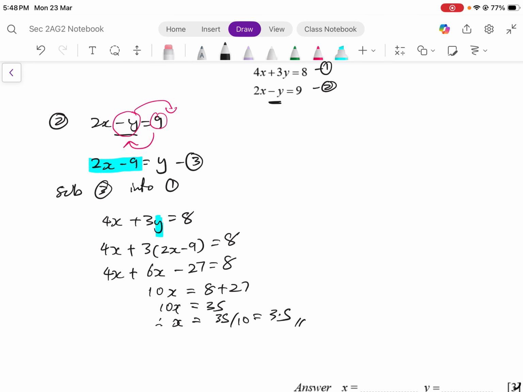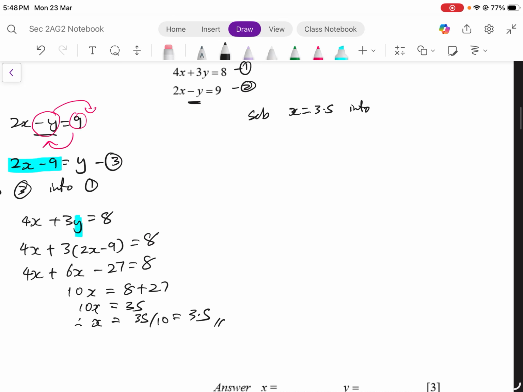Okay, so sub x equals 3.5 into equation 3. We should have y equals 2 bracket 3.5 minus 9.